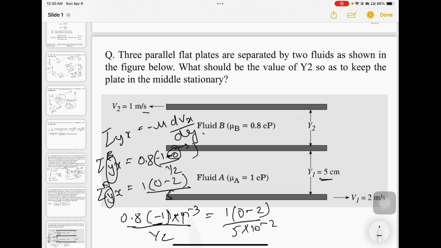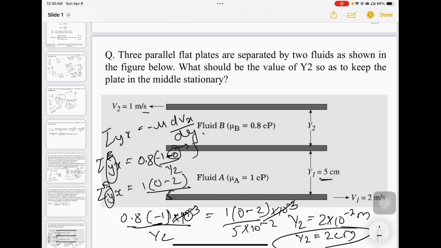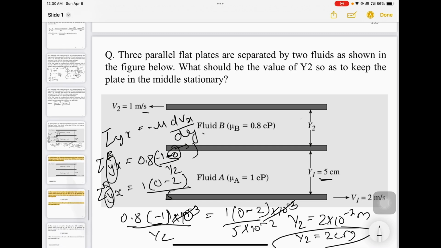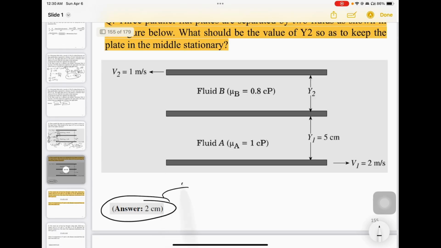See where y2 comes out to be 2 into 10 raised to the power minus 2 meter, which is equal to 2 centimeter. Here is our final answer, 4 centimeter.